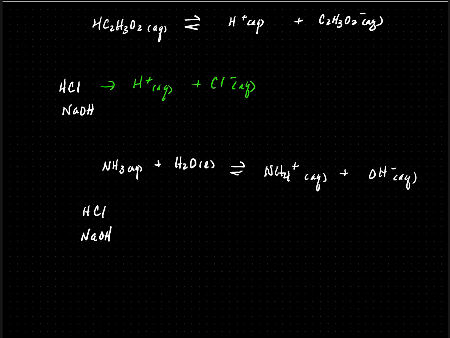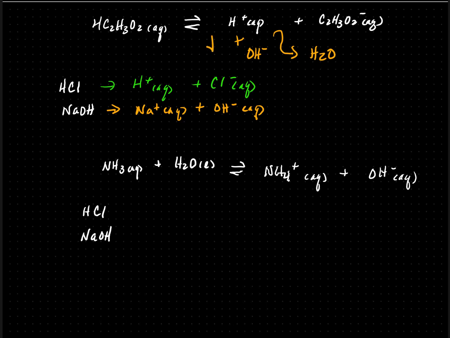If I add a strong base such as NaOH, it also dissociates into its ions Na+ and OH-. OH- is added to the equation. The OH- will combine with the H+ to create water, therefore removing H+ ions.